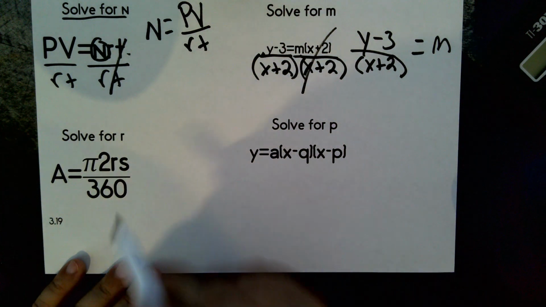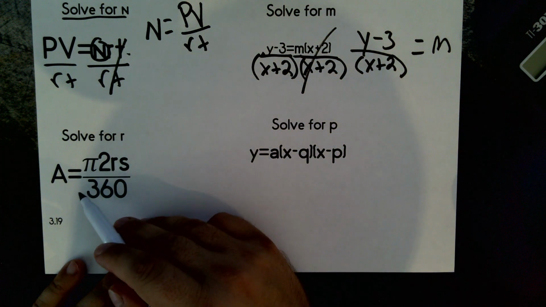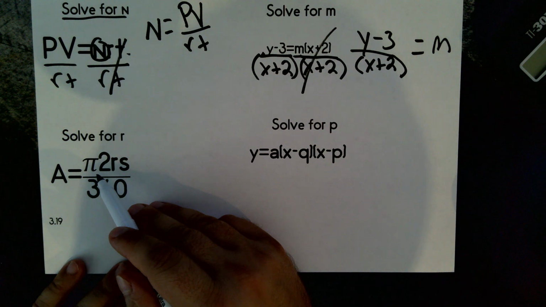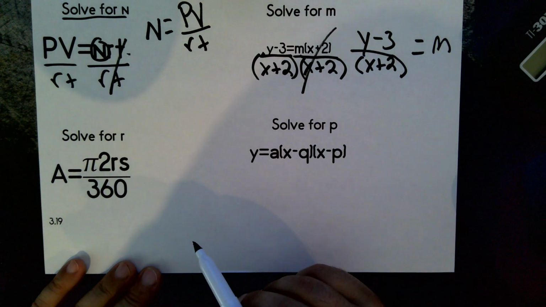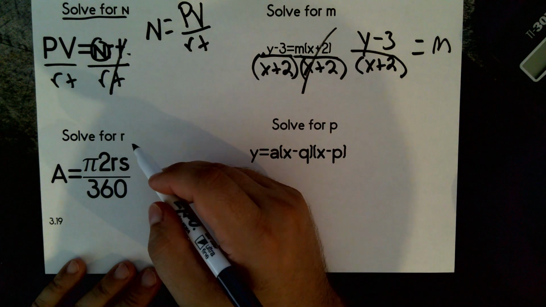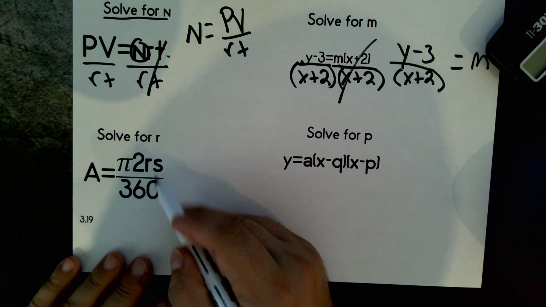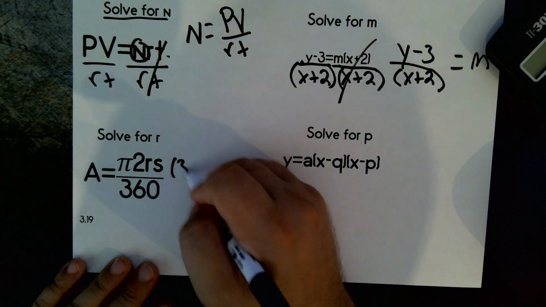Okay, solve for r. A is equal to pi 2 r s over 360. So here we want to get rid of the fraction line first. We want to get rid of the division. So let's multiply both sides by 360.